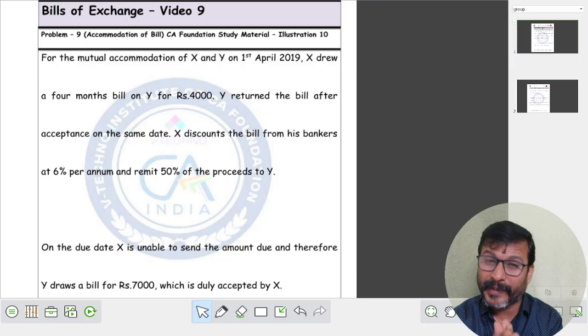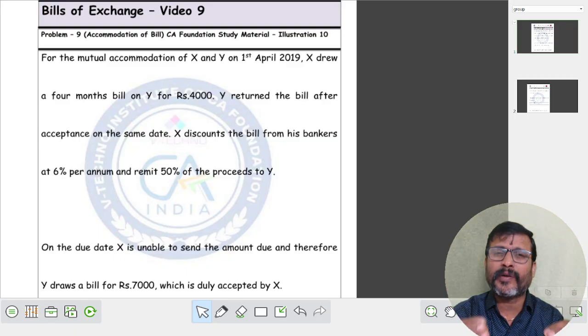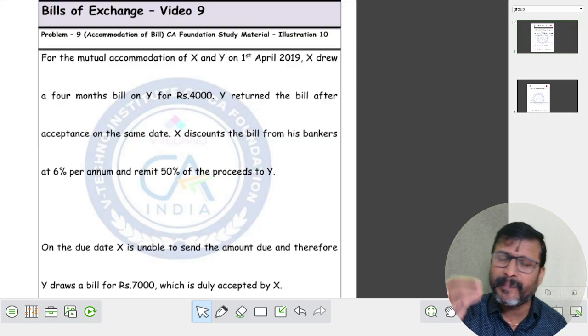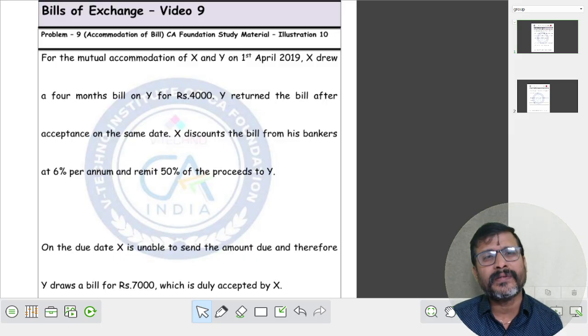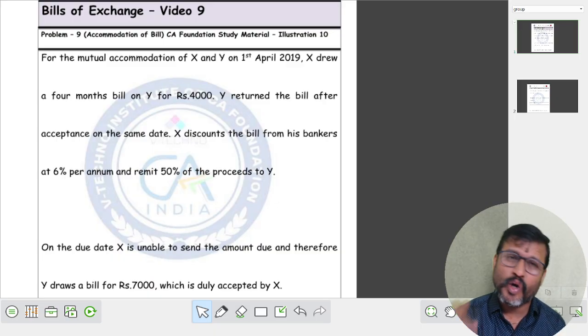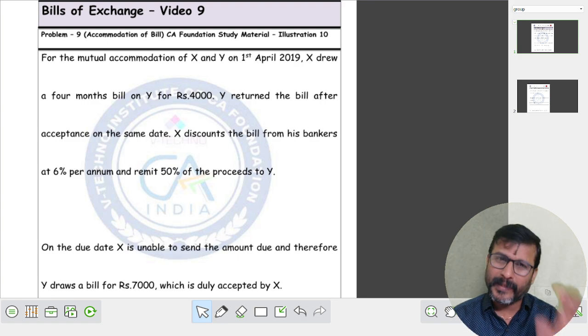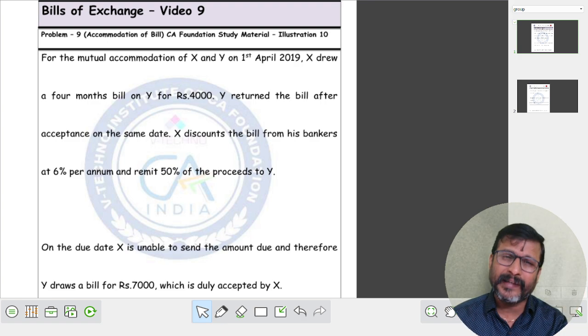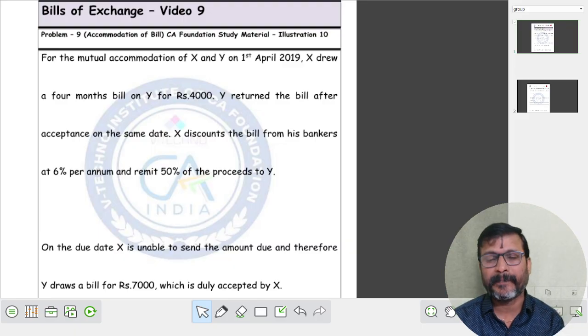Are you getting my word, my dear students? This is a very important session, very important for CWA Foundation exams. Most years they ask a question on this accommodation of a bill. I repeat, in accommodation of a bill, a person who draws the bill in the beginning, at a later stage is going to accept it.